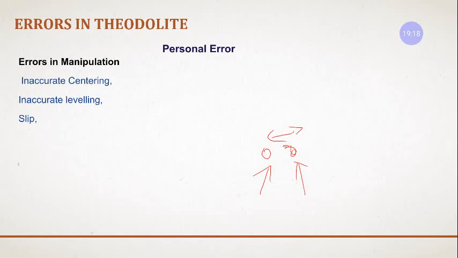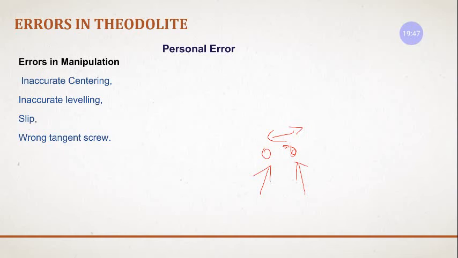It slips from its place, and due to this it leads to inaccurate centering. The centering is moved, the leveling has changed, right? So due to this, the slip, these things occur, while taking the readings or while doing temporary adjustments, these slips may occur.